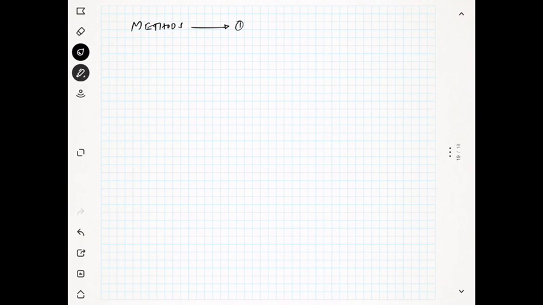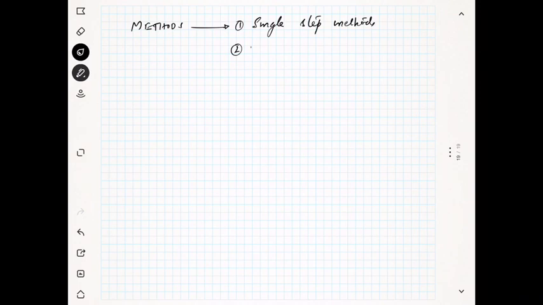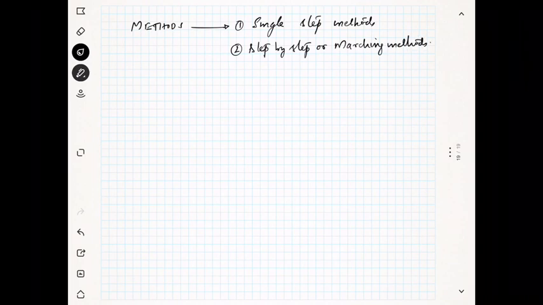One is single step methods, and the second one is step by step or marching methods, or you can say multi-step methods.